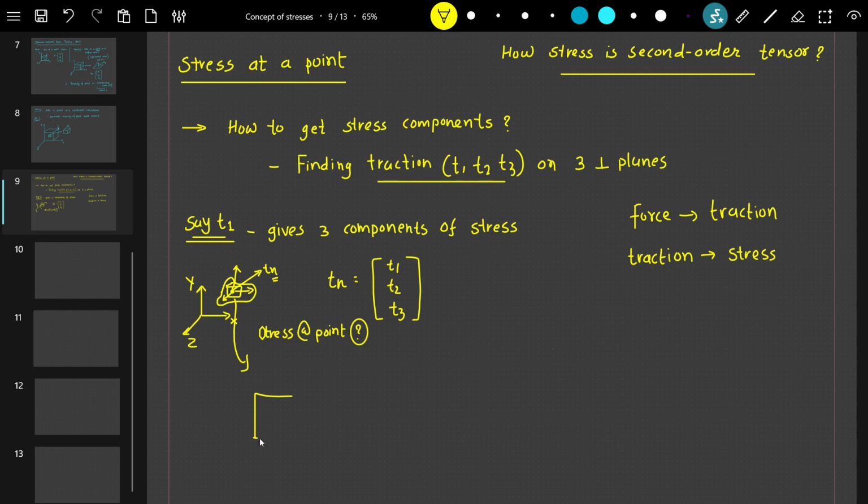This is our infinitesimal volume around that point. Let's first find the traction T1 on three different planes. T1 is aligned with the x-axis, so let's now focus only on the x component of traction, that is T1.